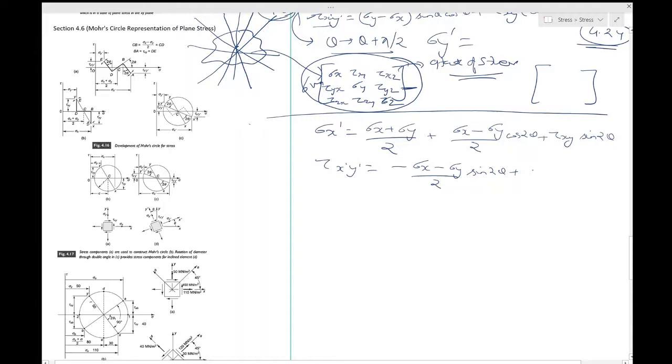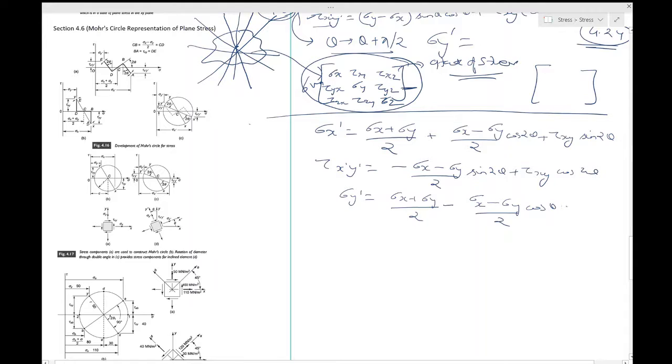Sorry, it's a minus sign. So you should please verify this. If there's any typo or some sort of an error, it will come out in that.